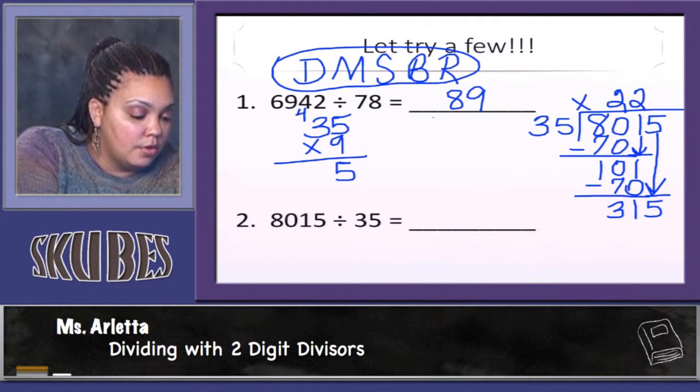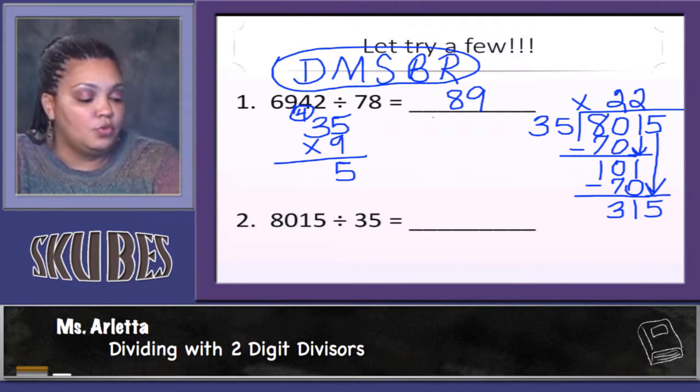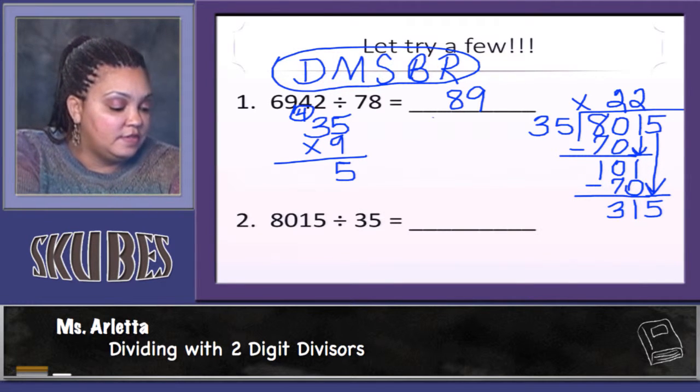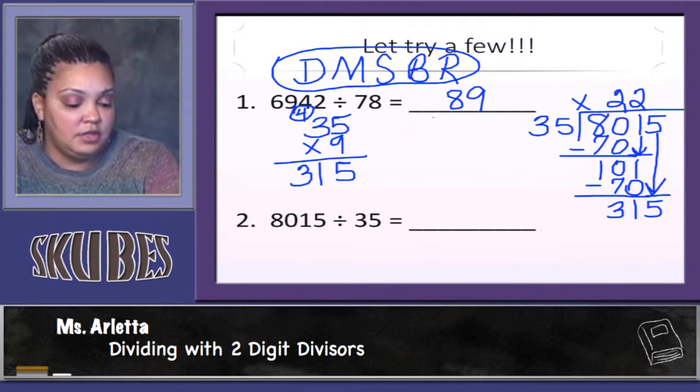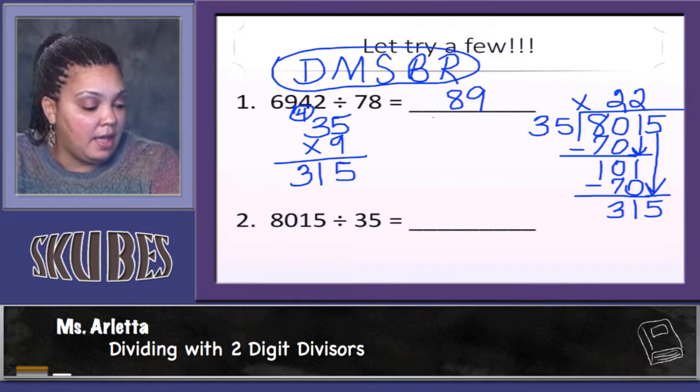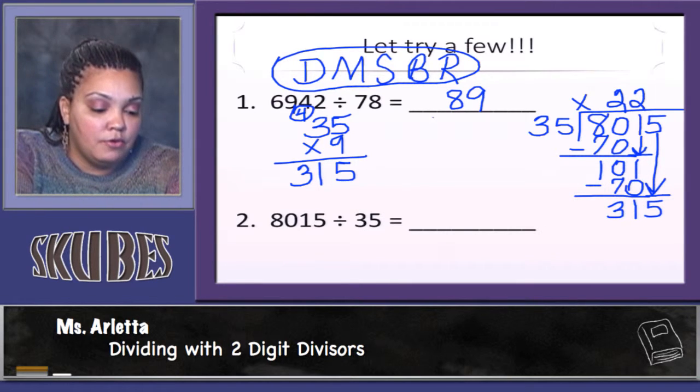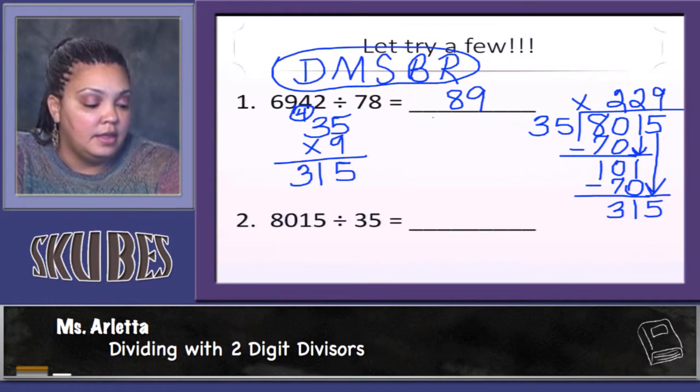Carry 4. 9 times 3 is 27. 27 plus 4 gives you 31. That's 315, and that's exactly what we're dividing by. So we know up here in our quotient, the last digit will be a 9.